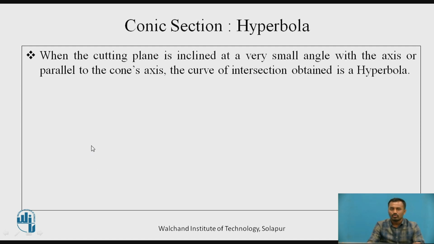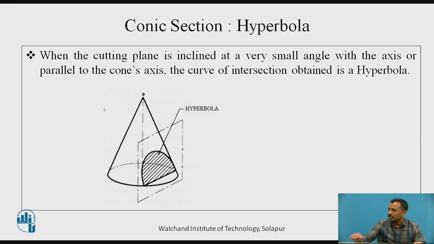This is how the hyperbolic curve is obtained when we cut the cone offset from the vertex point, with the cutting plane parallel to the axis of the cone. In this way we get a hyperbolic curve.